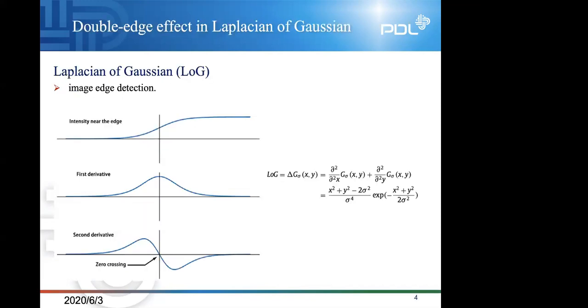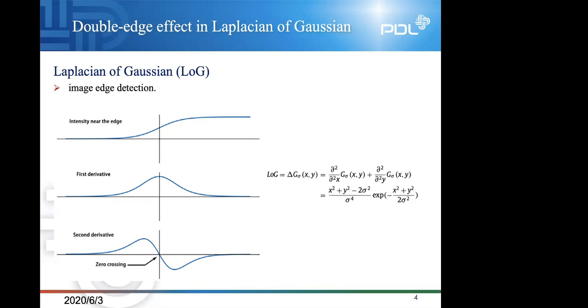This work is inspired by the double edge effect in Laplacian of Gaussian. The left figure shows the intensity first derivative and the second derivative near the edge of a 2D gray image.